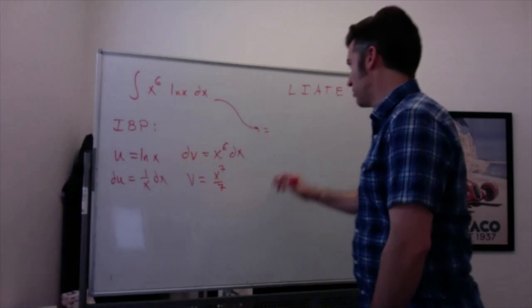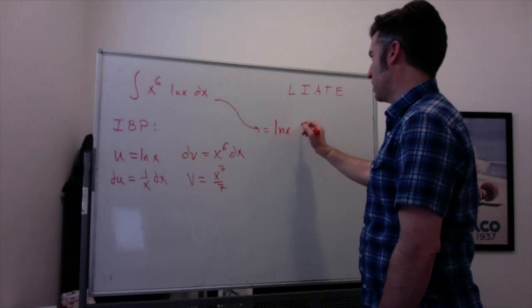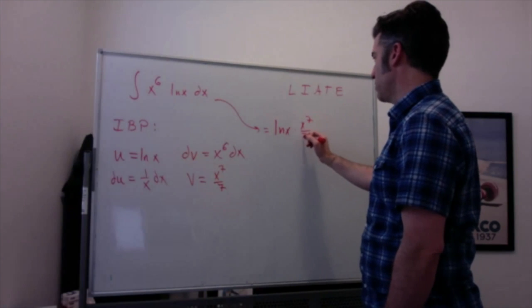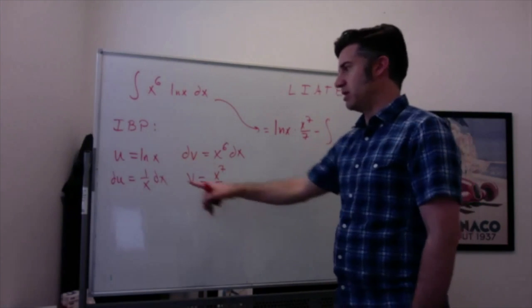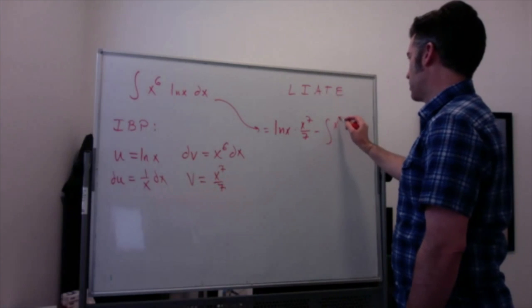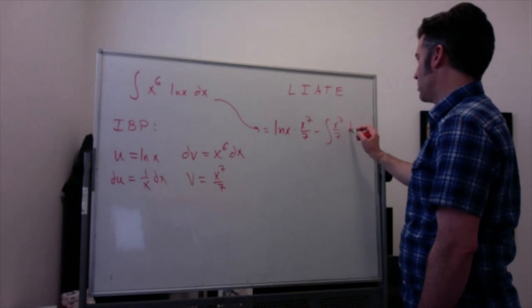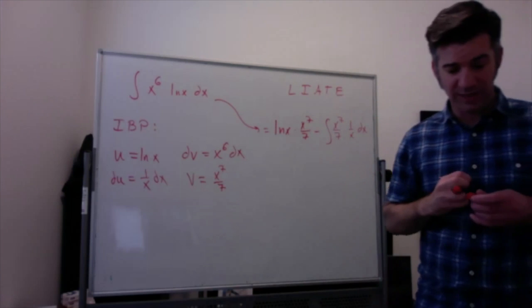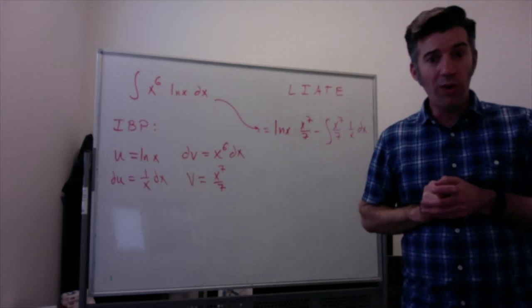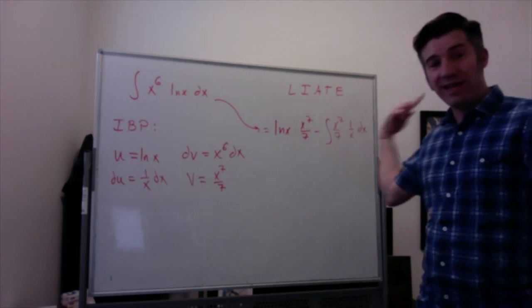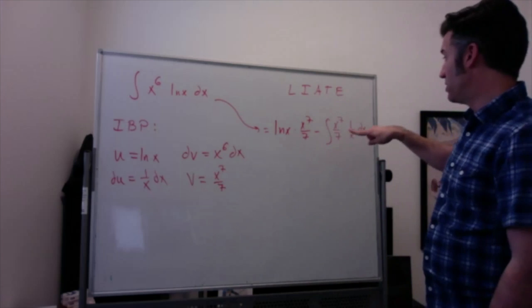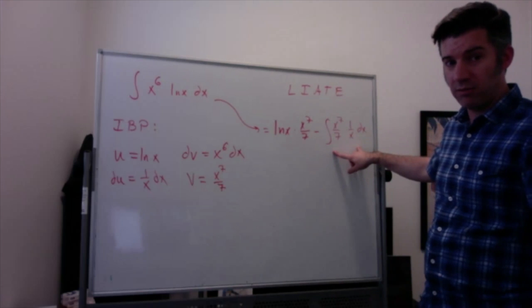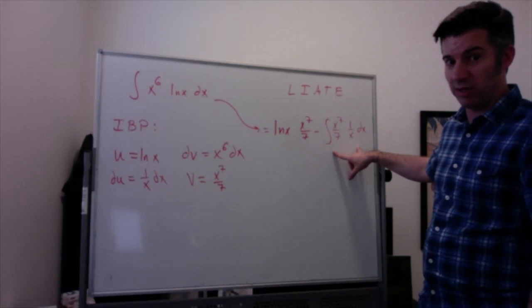u times v, natural log of x times x to the 7th over 7, minus the integral of v du, x to the 7th over 7 times 1 over x dx. And here's where we have to remember the whole point of integration by parts. The whole point is that you rewrite the integral so that this new thing you're integrating over here is easier to integrate.